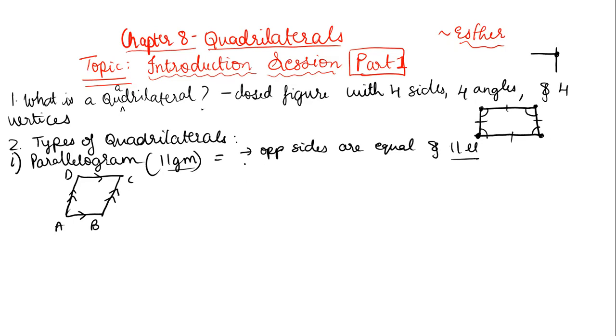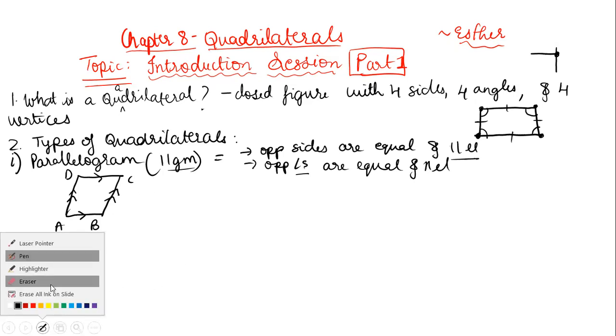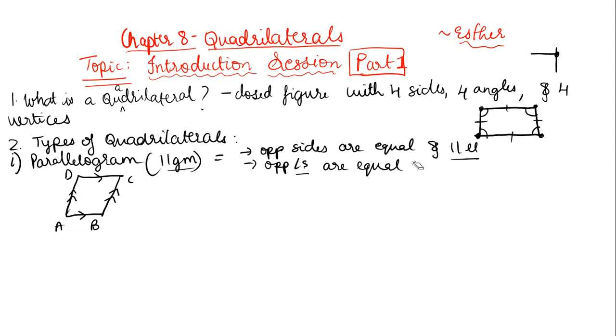Now also the opposite angles are equal. Sorry, the angles are not parallel, the angles are only equal. So this angle and this angle are equal, and this angle and this angle are equal.